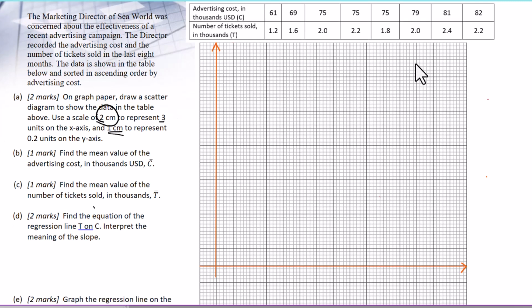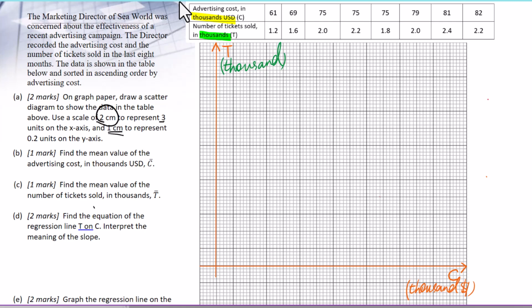After you set up this coordinate plane, check the data for advertising cost. Pay more attention to the units, thousands dollars. For the x-axis, it will be C and $1,000. For the y-axis, T, 1,000 tickets.